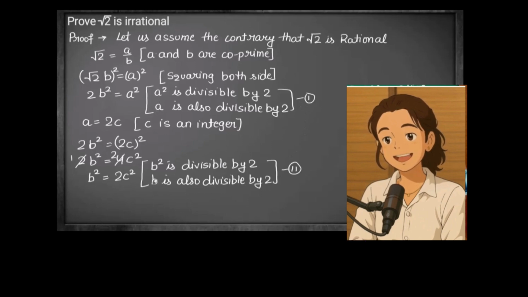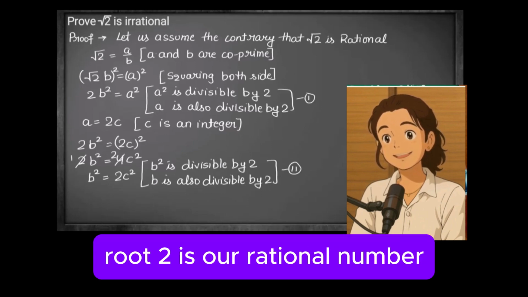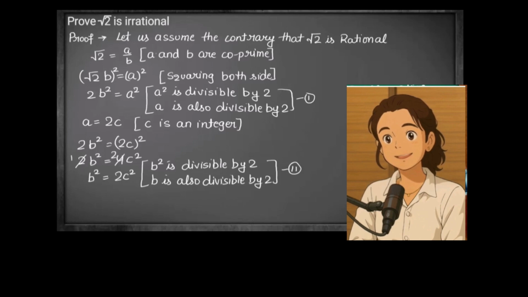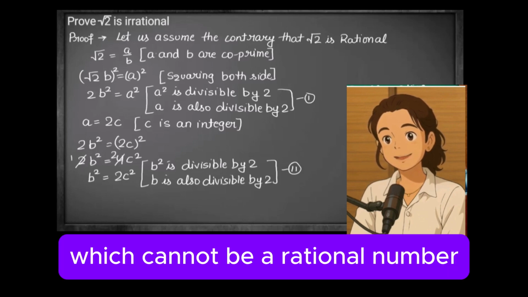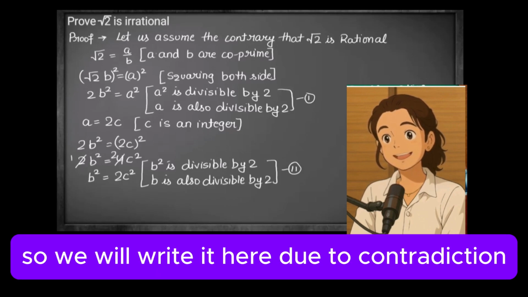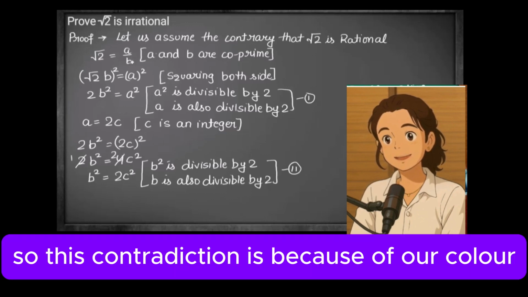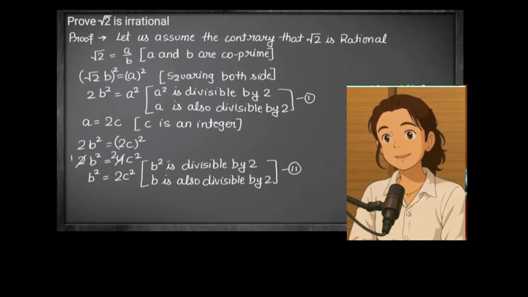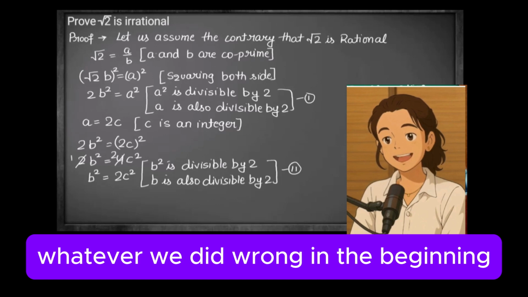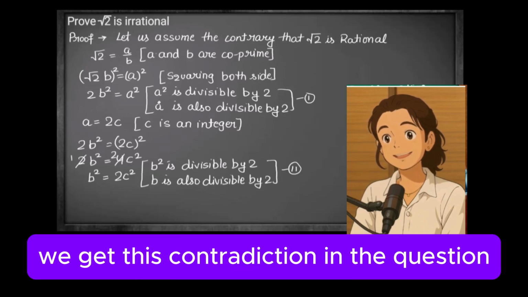In the beginning, we had assumed that square root 2 is a rational number, which cannot be a rational number. So we will write it here: due to contradiction. This contradiction is because of our wrong assumption. Whatever we did wrong in the beginning, because of that we get this contradiction in the question.